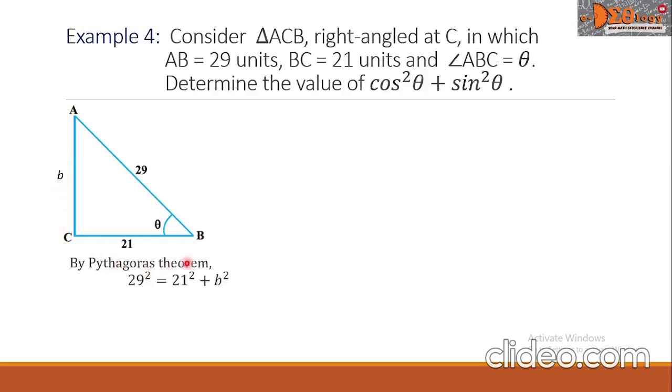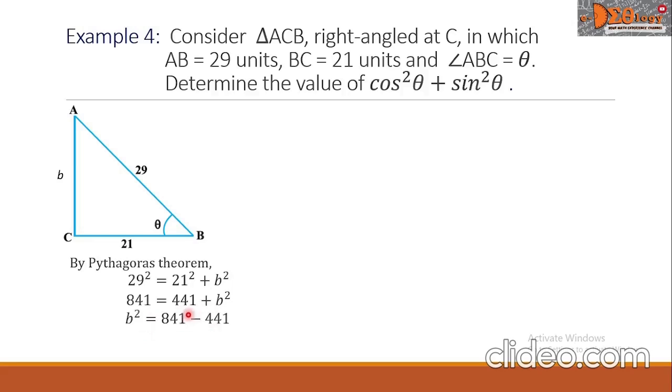By Pythagoras theorem, we write 29 square equals 21 square plus b square. We simplify the squares. We have 841 equals 441 plus b square. We transpose the 441 on the left side. It becomes negative.